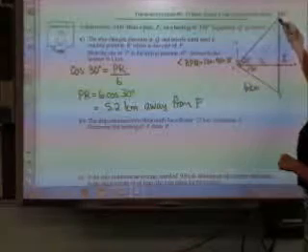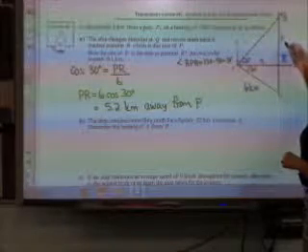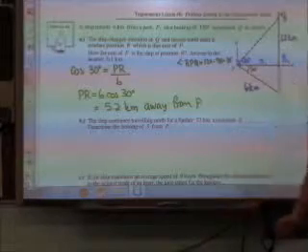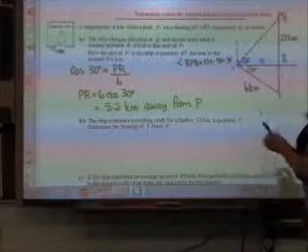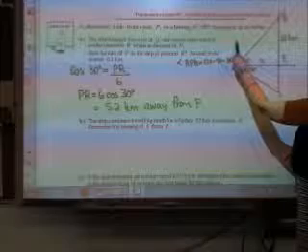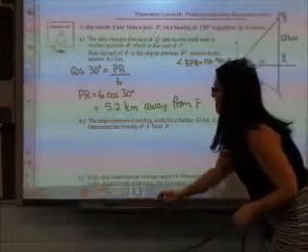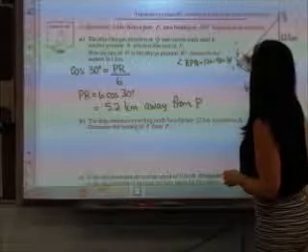This is point S up here now, and this is 12 kilometers. And what I want to know is my bearing from point P. This is what I want to figure out, this angle in here.